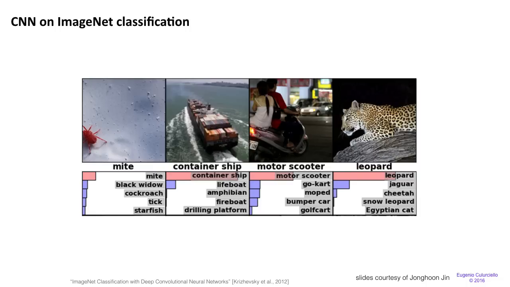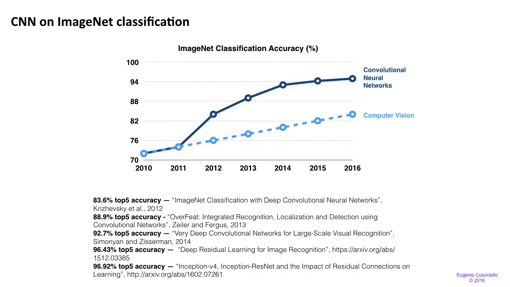These CNNs are usually tested on the ImageNet classification, which is a large data set that has 1 million images and 1,000 classes, so 1,000 images per class. It's been notoriously difficult, but recently convolutional neural networks have really taken over. Here in this slide you see what CNNs have done in the ImageNet classification.